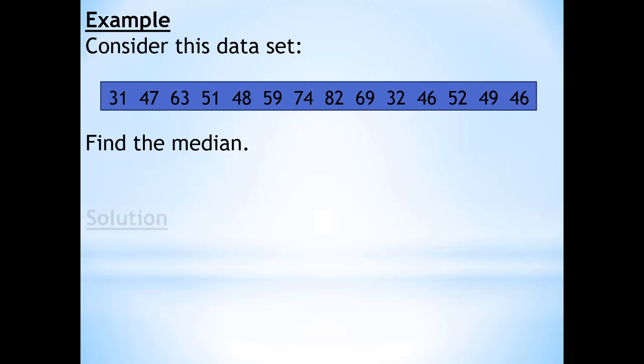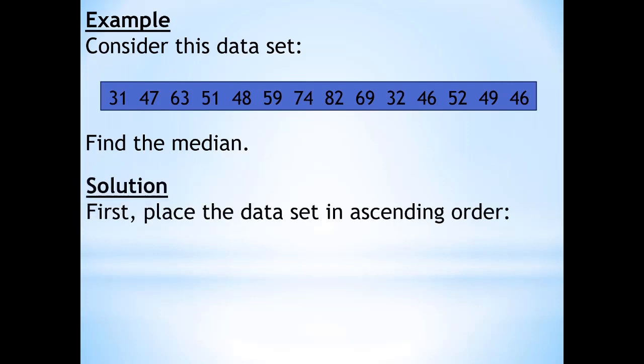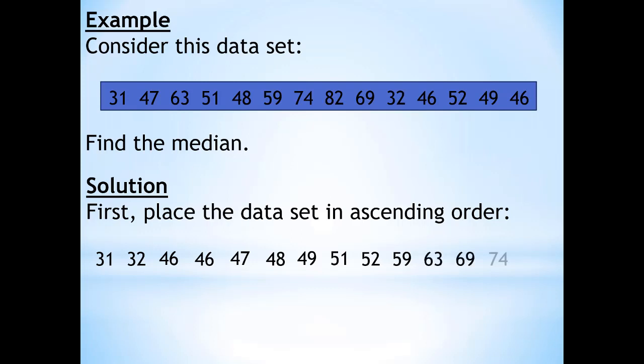So the correct order here is 31, 32, 46, 46, 47, 48, 49, 51, 52, 59, 63, 69, 74, 82. So now there are 14 data entries.